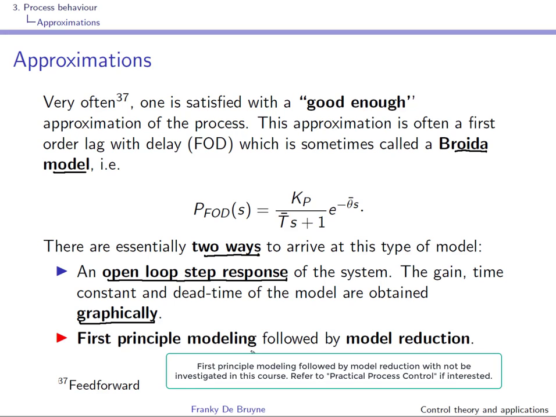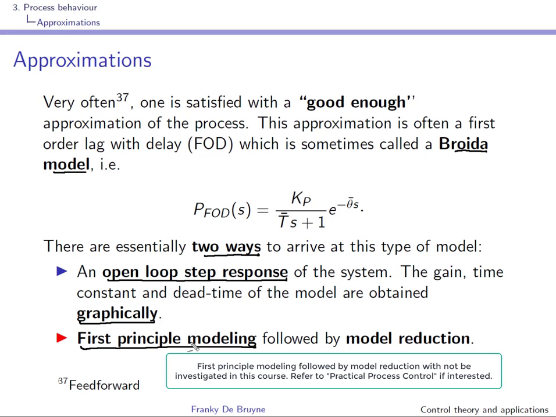Another approach that might look unfamiliar is to use first principle modeling. So this is using the equations of physics to obtain a model of the system. Usually this model will be complex in the sense that you'll obtain a transfer function with a high degree denominator, right?